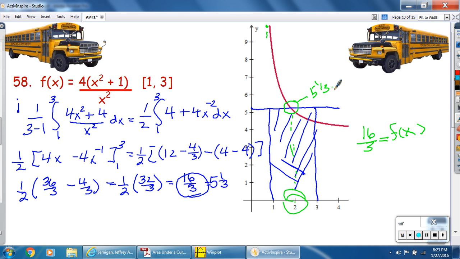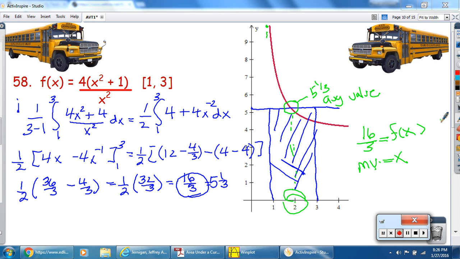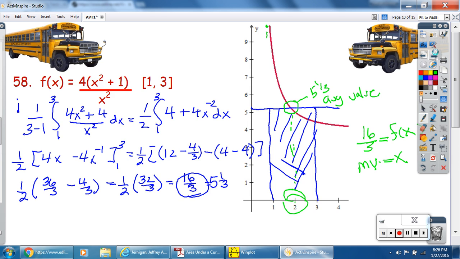So the 16 thirds is the average value, and what we would get if we were to solve this equation would be the mean value. All right, let's go on to the next problem.